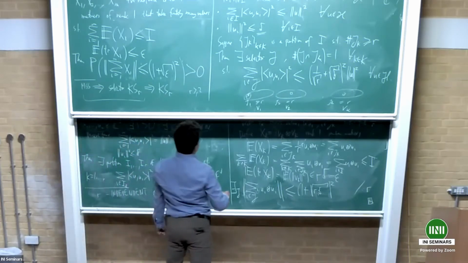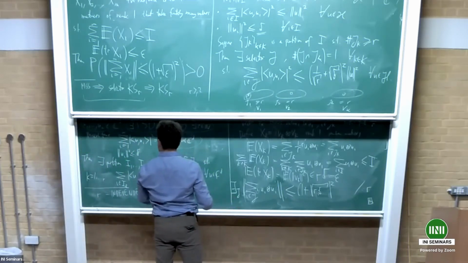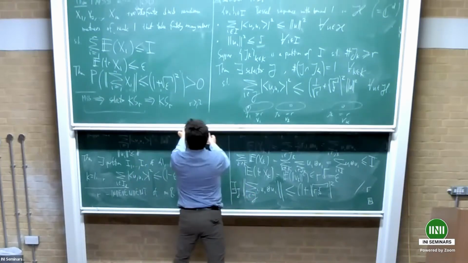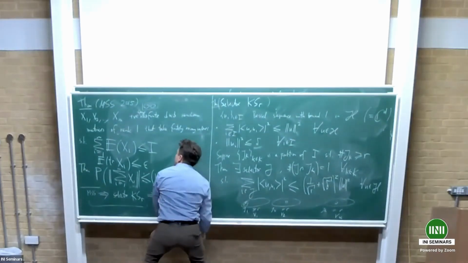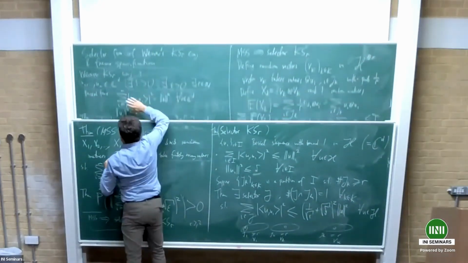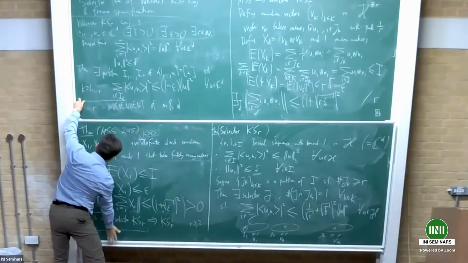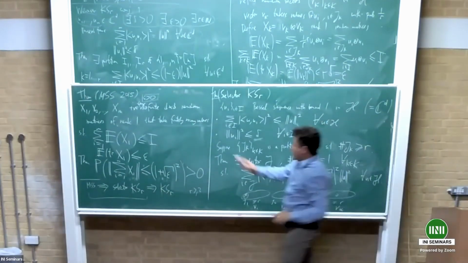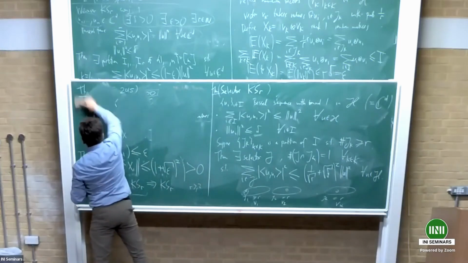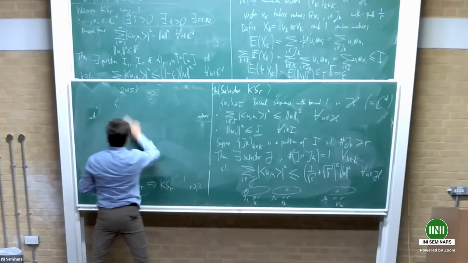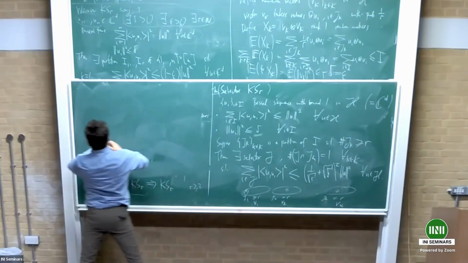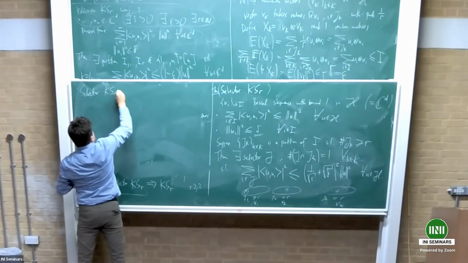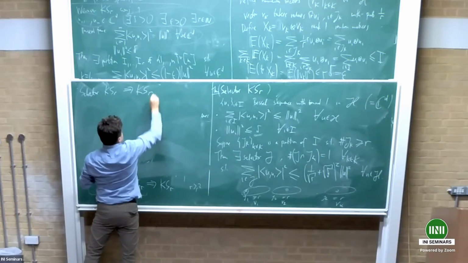Let me just erase, I don't need this result now. So let's forget about the MSS result. Let's just see how the selector result, SR, implies KSR.